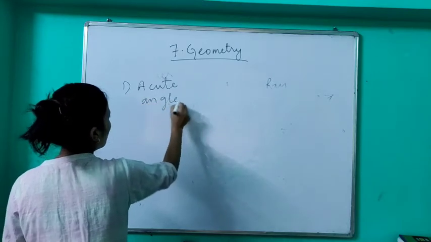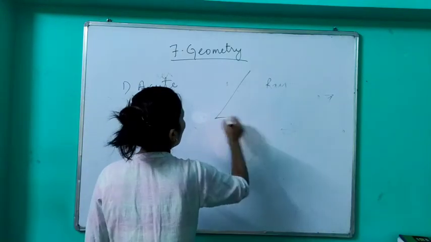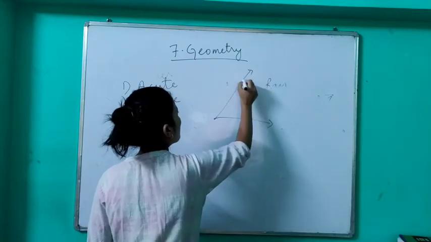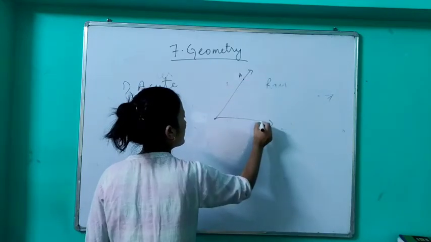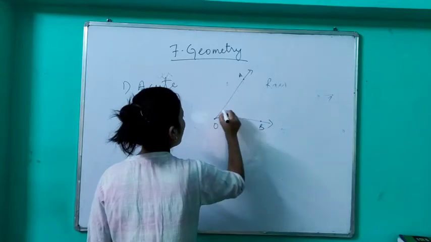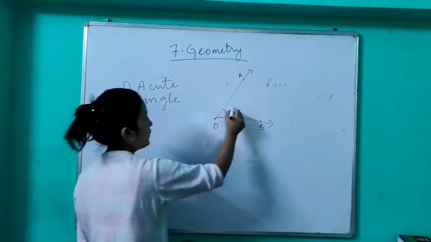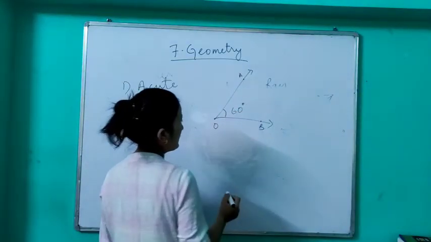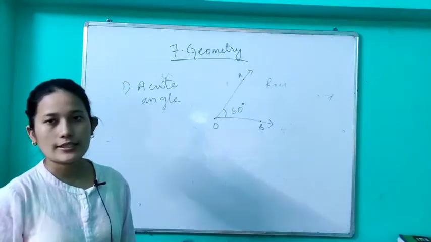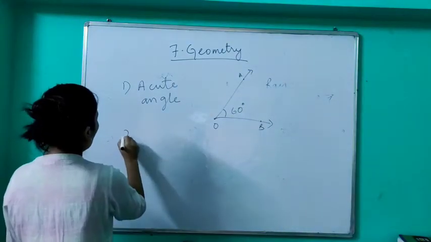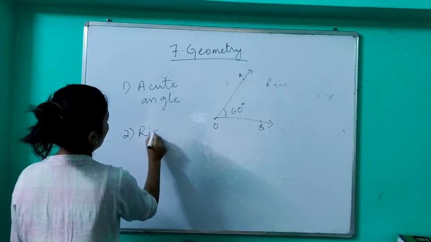What is an acute angle? If the angle is less than 90 degrees, okay, this is 60. So if the angle is less than 90 degrees, then it is referred to as an acute angle. And next one is right angle.